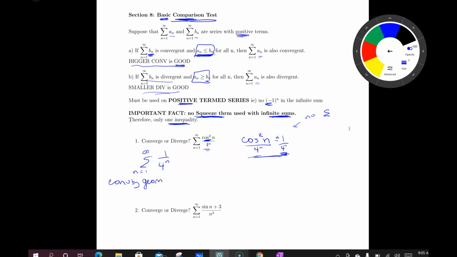So I have the two criteria. There's the one, there's the other. Two functions compared. This one converges. Double check, is it the larger converging? Is that the good? It is. So I get therefore, and you need to put the sum here, this converges also by basic comparison test.